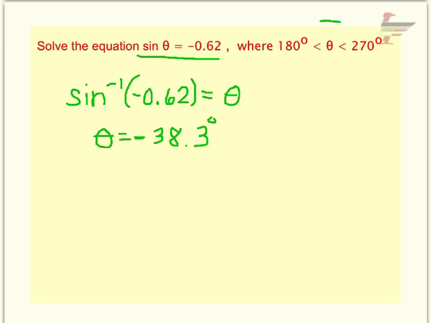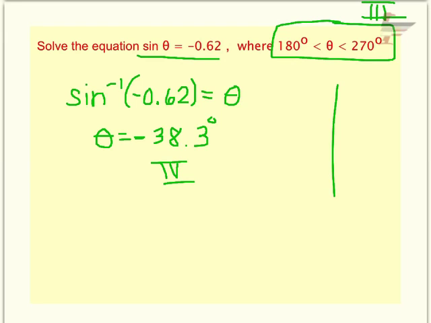I want my theta, which is in degrees, to be between 180 and 270, so that would be the third quadrant. Right now I'm in the fourth quadrant. So I'm going to visualize this: right now my angle is negative 38 degrees-ish.